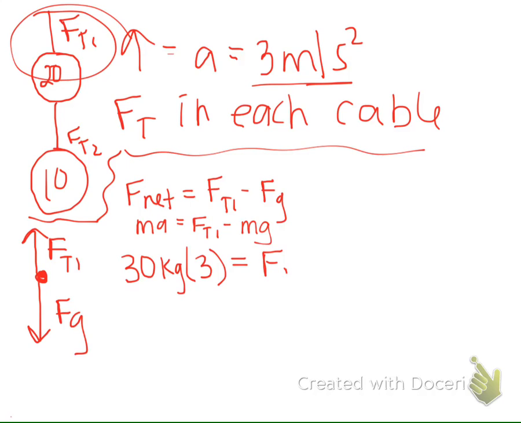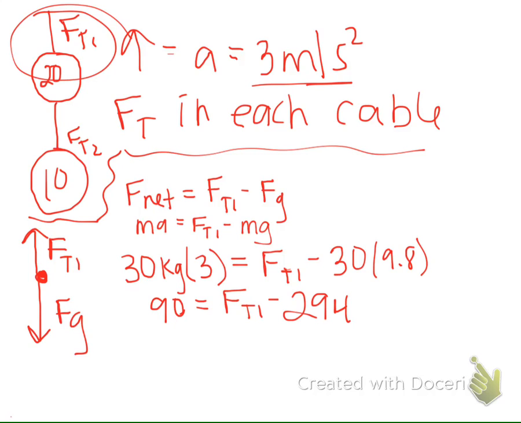Okay, F sub T is what we're solving for, so we're just going to keep that in our equation, and we're going to subtract out 30, which is our mass, times 9.8, which is our gravity. Okay, so over here we have 90 equals F sub T1 minus 30 times 9.8. What's 30 times 9.8? 294.